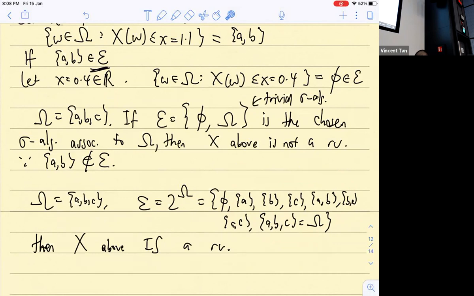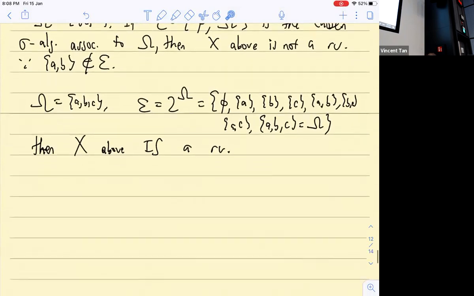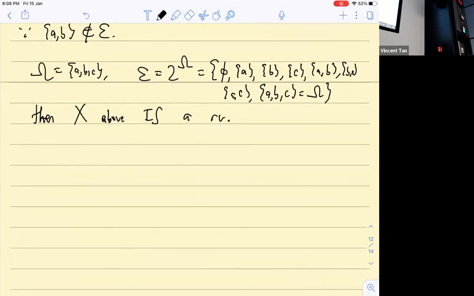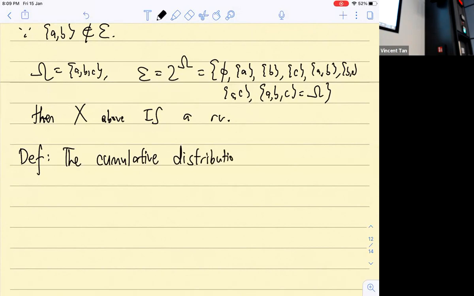Okay, now that we have this notion, it allows us to define something. Usually the mapping of X from omega to R is not so important. The next concept is more important. No one really cares about the mapping because we want to understand the distribution. The cumulative distribution function, or CDF, for any random variable. The sigma algebra is fixed already, so we can talk about random variables.